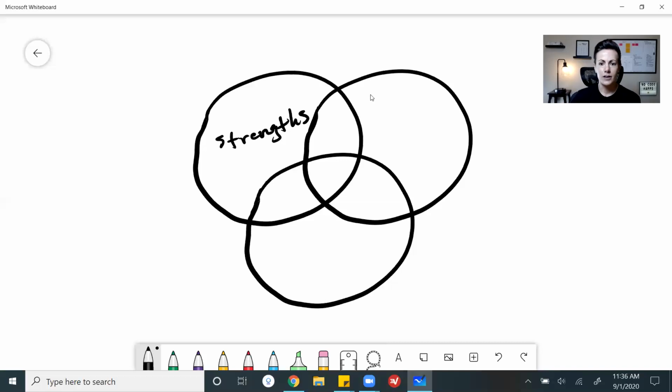The next thing you want to think about are the market gaps. So what is missing in your market or in your target market? What's missing, right? You need to make sure that what you're bringing to the table is actually filling a hole in your market.